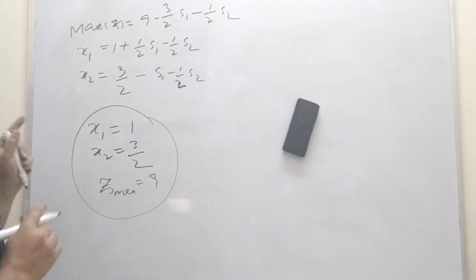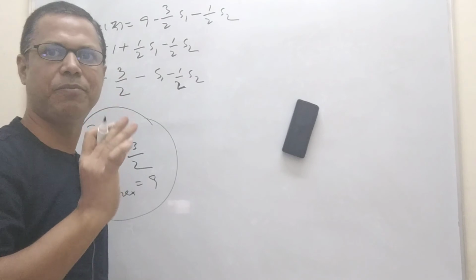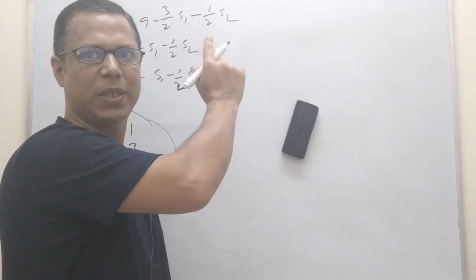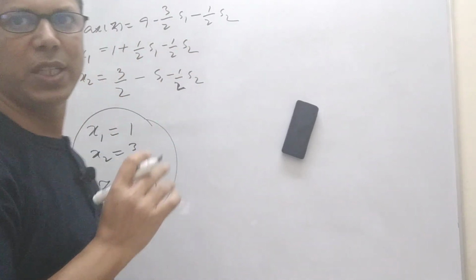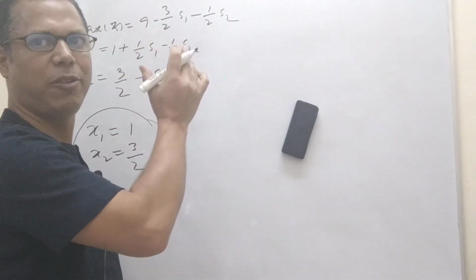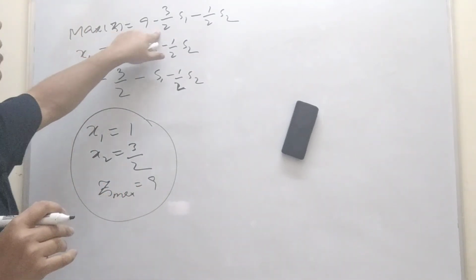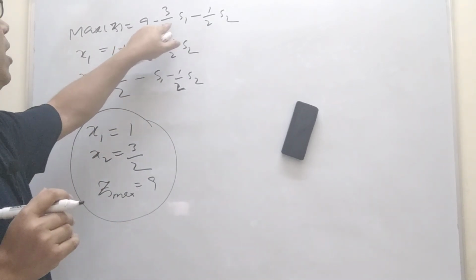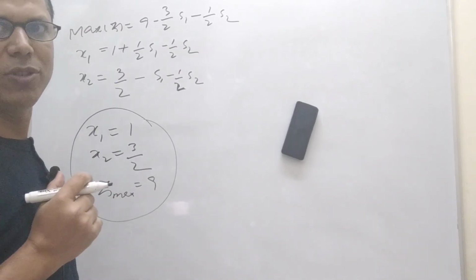So it is a very easy method, we just need to proceed with the concept of the simplex method. Which variable is going to enter into the basis, we can check from the objective function, and which variable is going to leave the basis, we can check from the constraints. With the combination of the objective function and the constraints, we proceed step by step, and at the end we see all the variables have a negative coefficient in the objective function, so none is ready to enter into the basis.